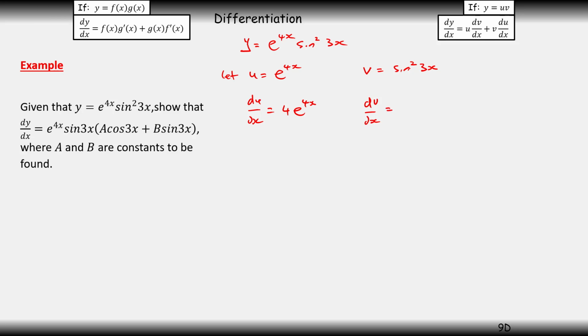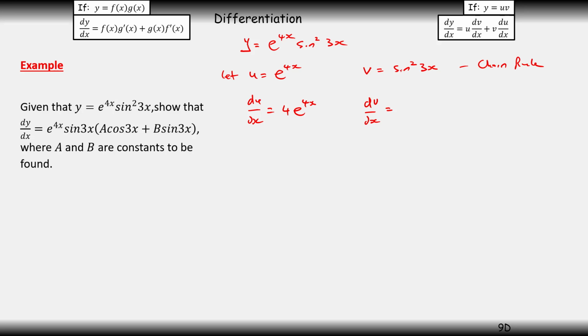That's going to be equal to, well, again, just chain rule. So you could say let t be equal to sine 3x and go down that route. Or we could differentiate it as it is.